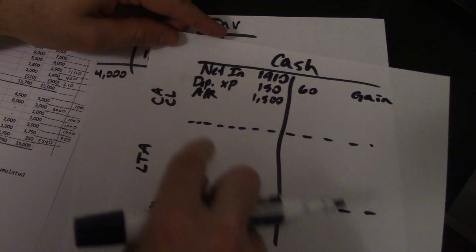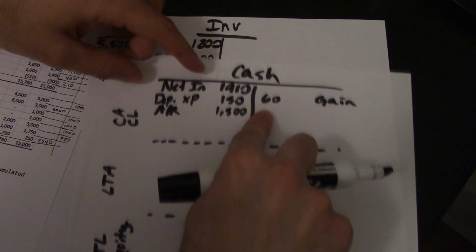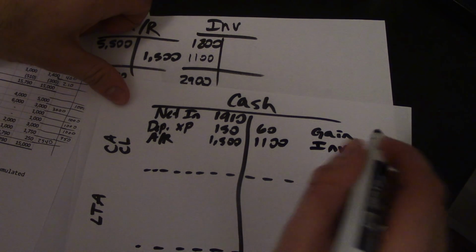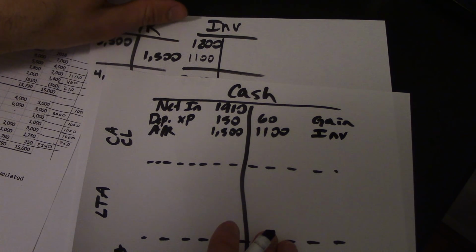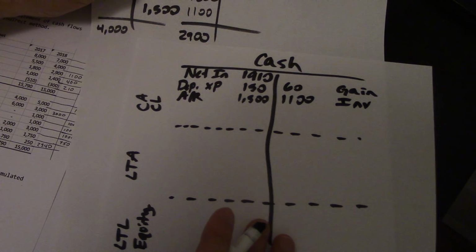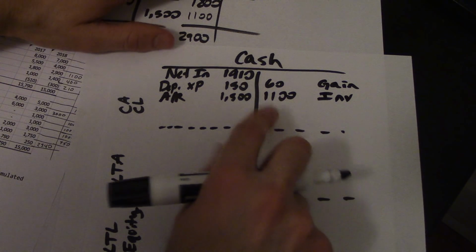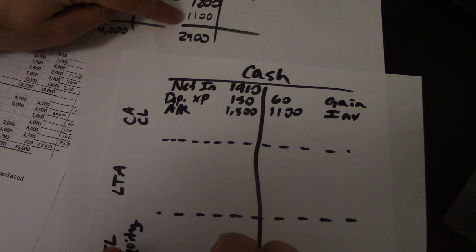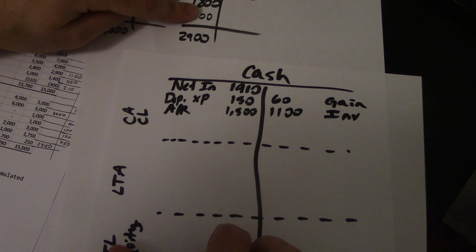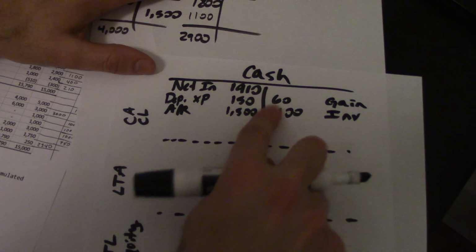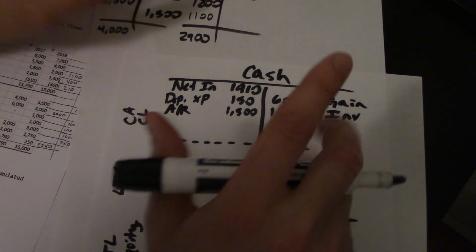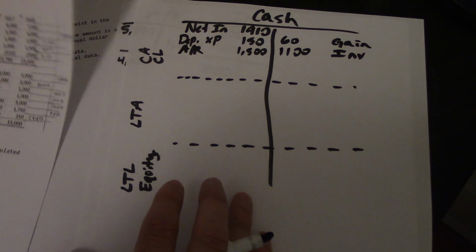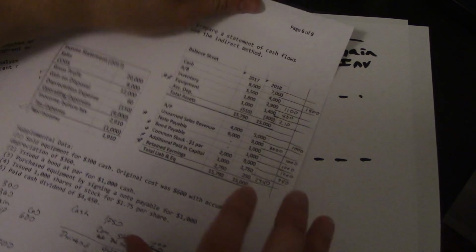And again, which section? Well, inventory is a current asset, so we're going to credit it in the operating section for 1,100 as inventory. The reason we're decreasing cash, and maybe this logic will help you: if we're increasing inventory, that means we're buying inventory. If we're buying inventory, that means we're going to decrease cash. So maybe that'll help you, or maybe that'll just confuse you even more. Anyway, moving on to the next one.